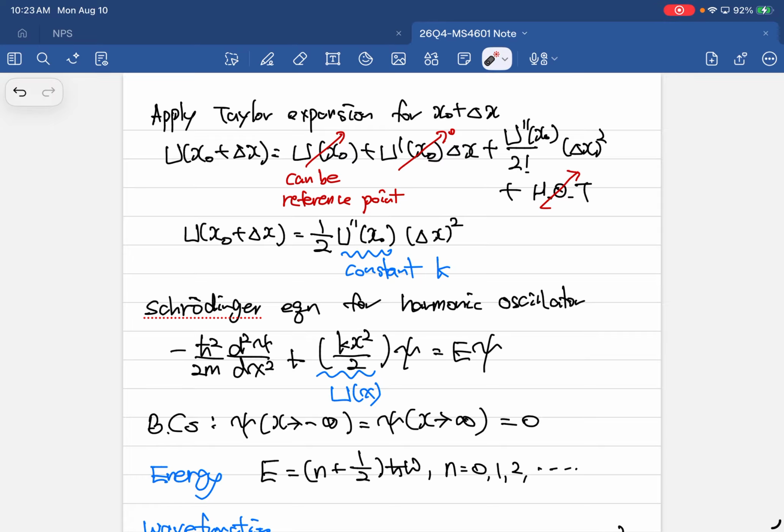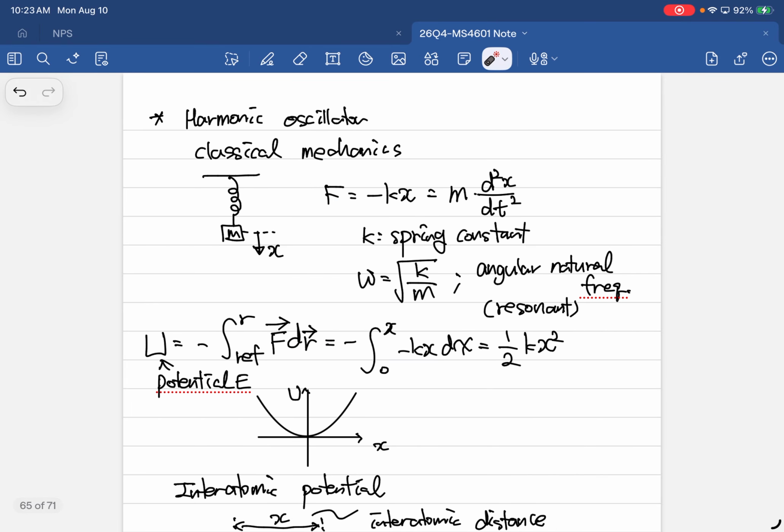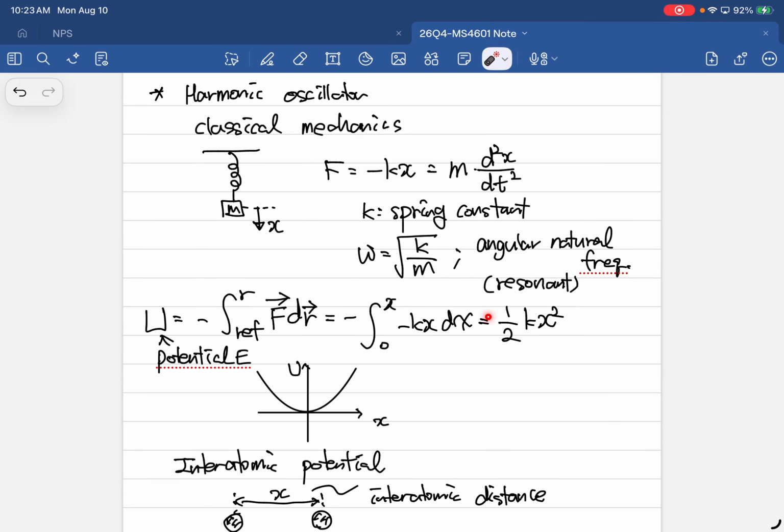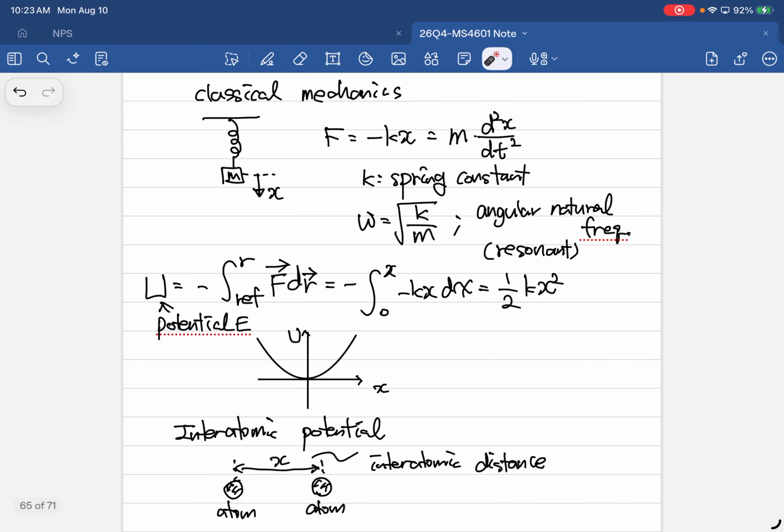And then this second derivative can be simply a constant. So what that means is that this description is exactly like a harmonic oscillator, right? 1/2 constant x squared. And if we look at the harmonic oscillator, what was the potential energy? That was 1/2 kx squared, right? So in that sense, this interatomic potential, if we simplify it, is essentially like a harmonic oscillator.